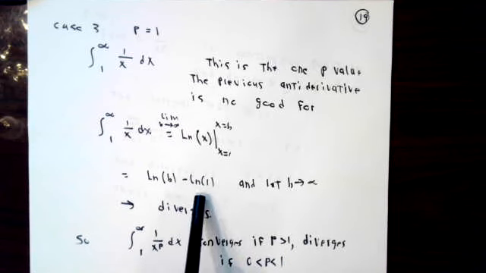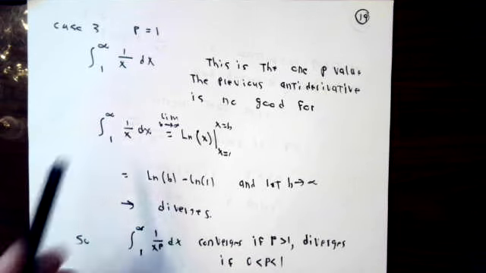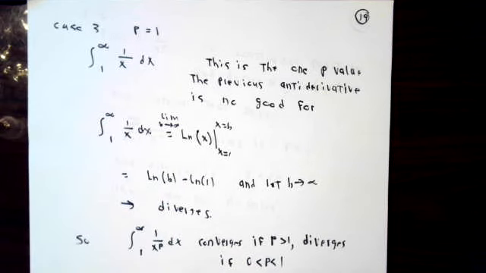The natural log of 1, well, firstly, it's a constant, so it doesn't bother me. Secondly, it's 0, so it really doesn't bother me. But as I let b tend to infinity, the natural log of b also tends to infinity. This integral diverges.